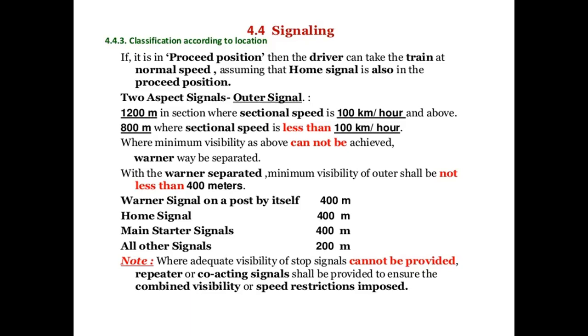A repeater or coacting signal shall be provided to ensure the combined visibility, or for speed restrictions which are imposed on the railways.